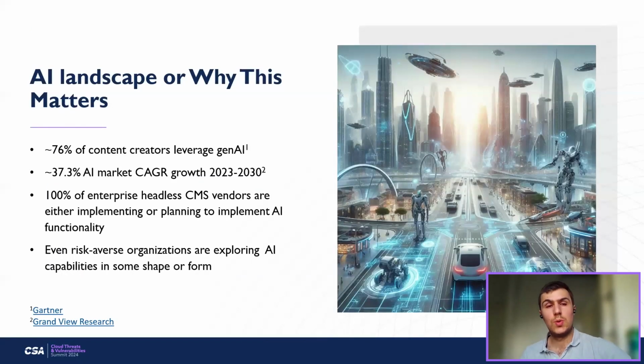All right. So why does this actually matter? In our field of content management, and especially in the software as a service world, marketing managers, creators, and that whole space are very far along in the implementation and utilization of generative AI. We see that 76% of content creators leverage generative AI as of now.